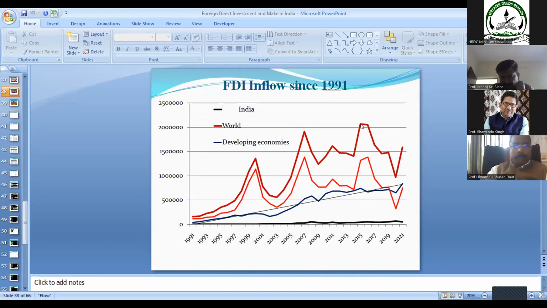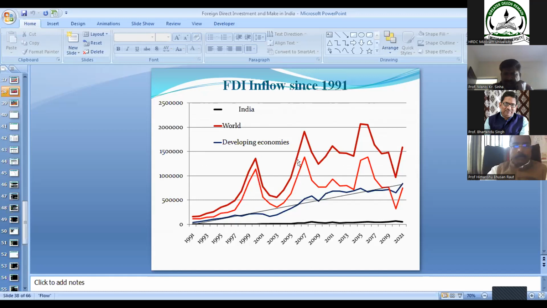And after 2015, world FDI inflow is consistently declining. In 2019, we can say it slightly increased global FDI inflow. Developed countries more or less follow the pattern of world FDI inflow.